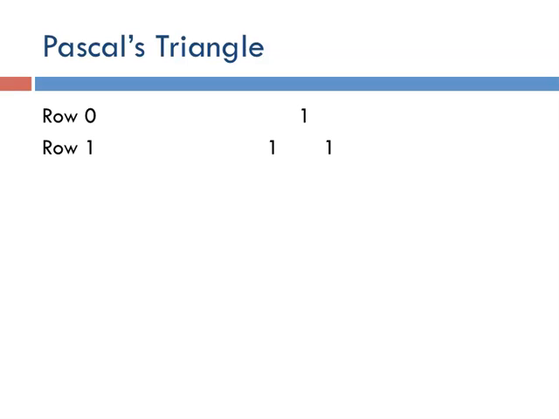Now, once you have that, the first term is always going to be 1. We saw that in our pattern as we looked at x plus y to the nth power going up to the 5th power. So the first term is always going to be 1. How do you get the next term?